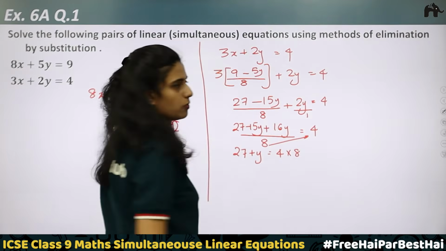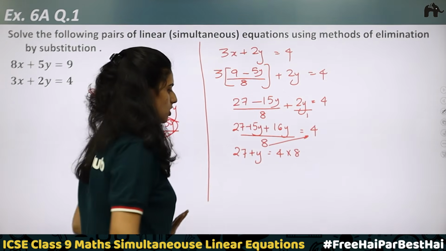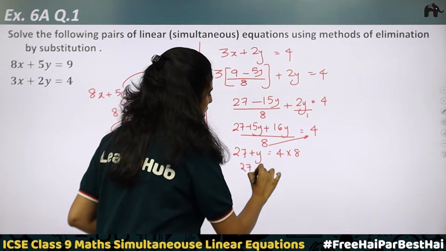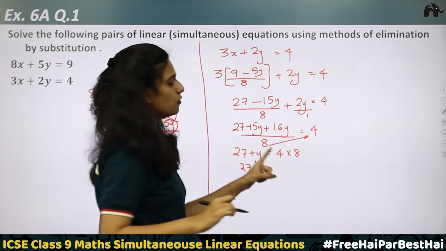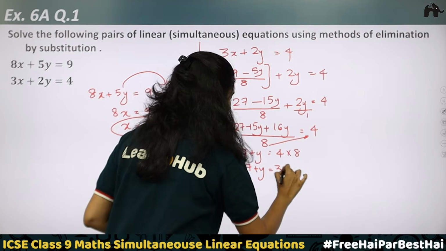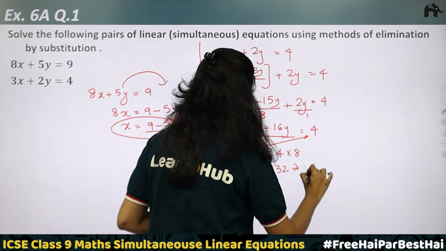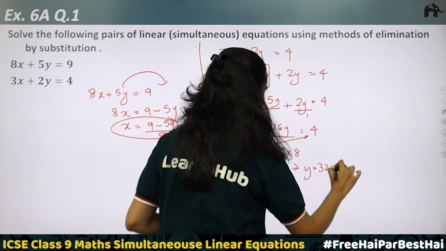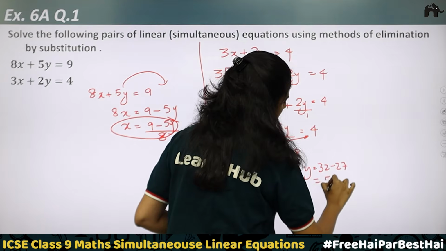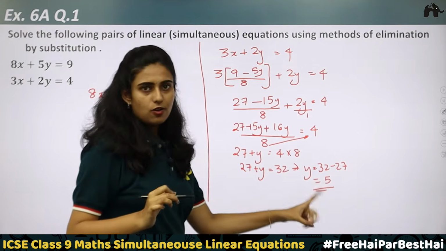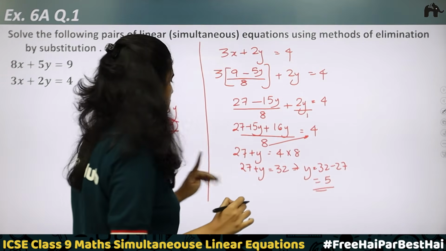Taking this 8 to the opposite side, division becomes multiplication. So 27 plus y is equal to 4 into 8, that is 32, which implies y is equal to 32 minus 27, which is equal to 5. So we got the value of y is equal to 5.